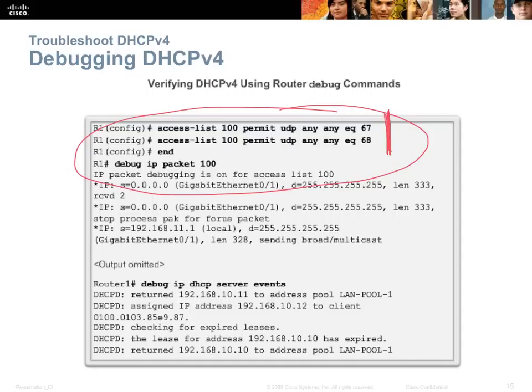If you do a debug all on a router, have you done that yet? It's crazy. You see everything, and it's so hard to decipher what's really of value. It's much better to do a debug IP packets. You still see a lot of information, but you see all the packets. And you could break one of those packets down: okay, that's a DHCP packet, and what's in there? Is it working? Where are things going wrong?